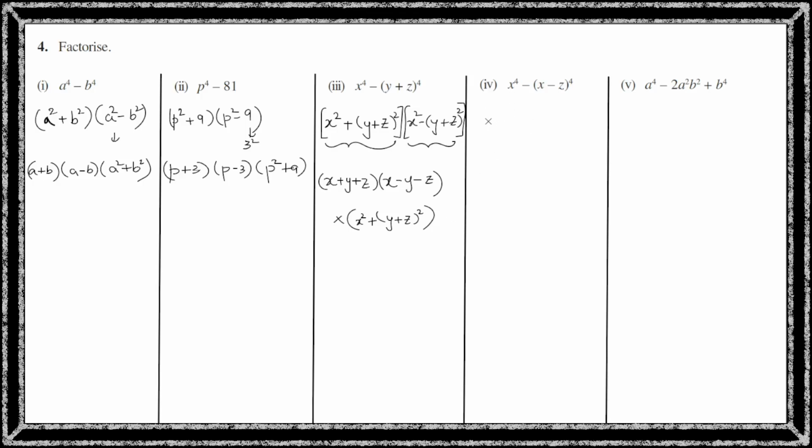Next I have x square plus x minus z whole square into x square minus x minus z whole square. Now you can see that this cannot be factorized further. I'm going to open the bracket. I'm going to get x square. So x square plus x square is 2x square, right? Minus 2xz, right? Plus z square. So this is the first factor.